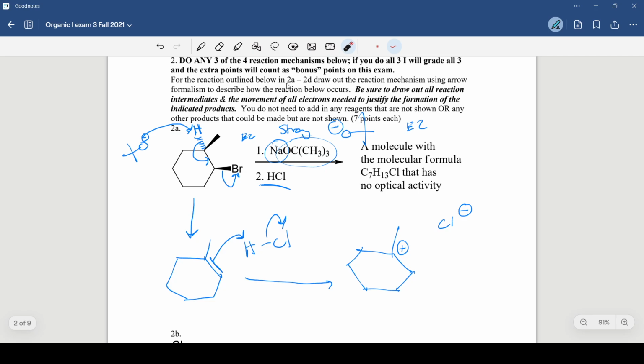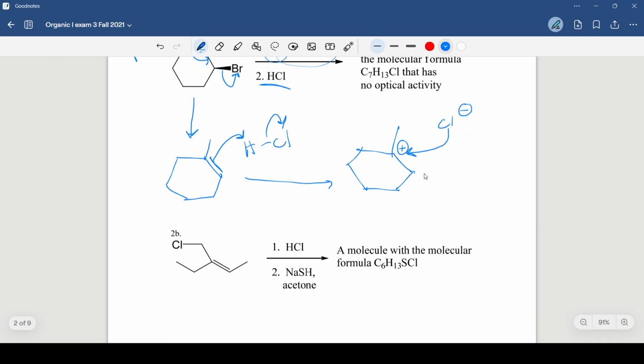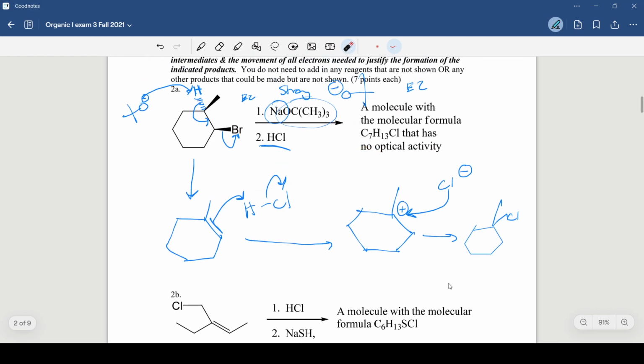And then Cl is going to attack the carbocation. And remember, it says no optical activity. That means there is no chiral center, and right here, it's not chiral, so that's correct.